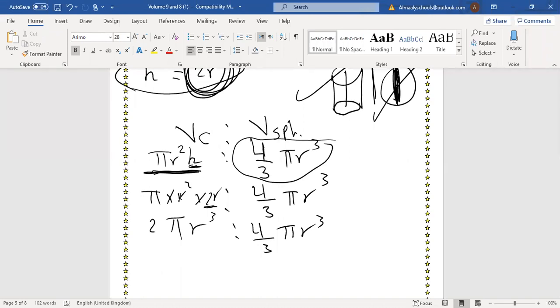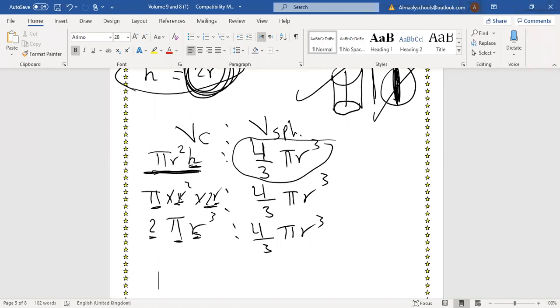Shahd? Yes, I'm with you, Mister. Okay, now r square multiply r equals? R cube. Yes, very good. So this is pi, this is r cube, and this is 2. Any problem?